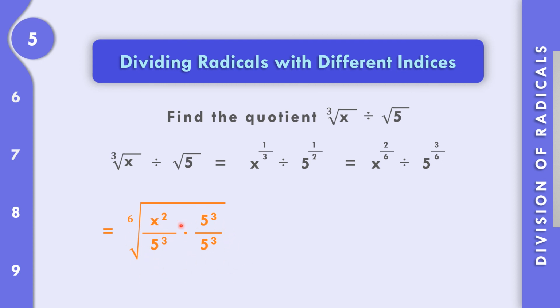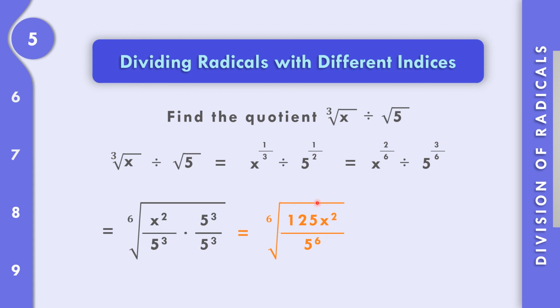So when we simplify it, our answer will be perfect. That becomes the 6th root of 5 cubed, that is equal to 125, and then copy x squared. 5 times 5 is 25, times 5, that is equal to 125. While here, 5 raised to the 6th power.